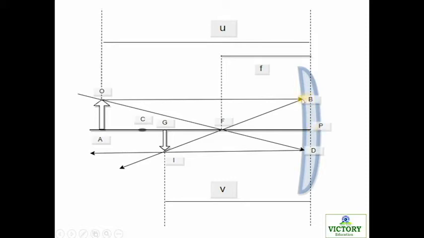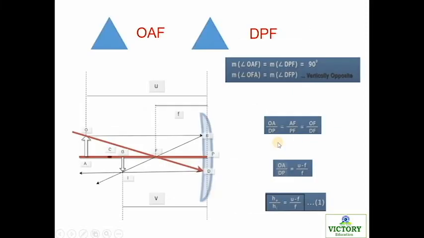B is not actually a point here, but it's somewhere on the center of the mirror. But the curvature of the mirror is small compared to the size of the mirror, so we can take this as a straight line for easy reference. I'm just considering BPD as a straight line.